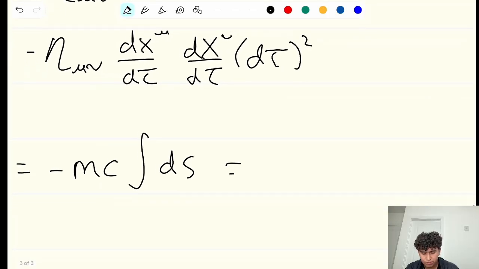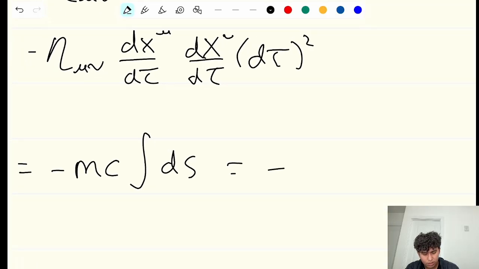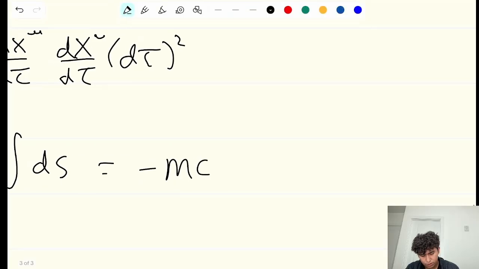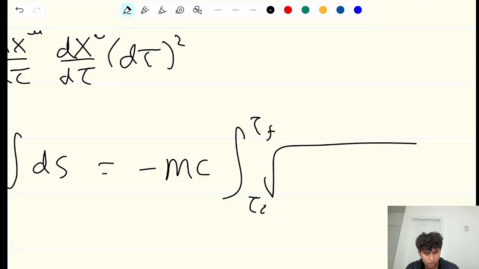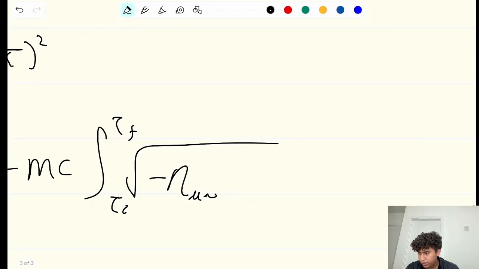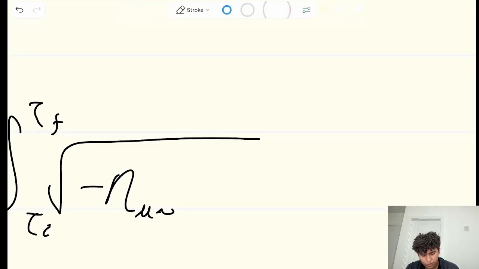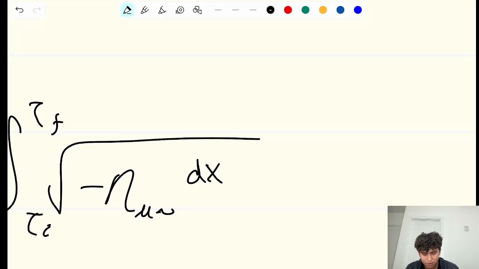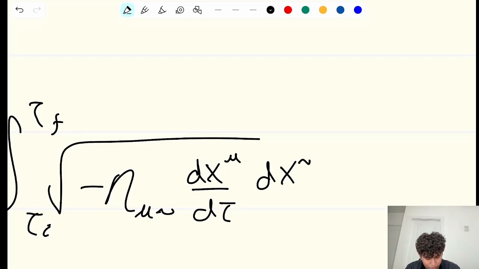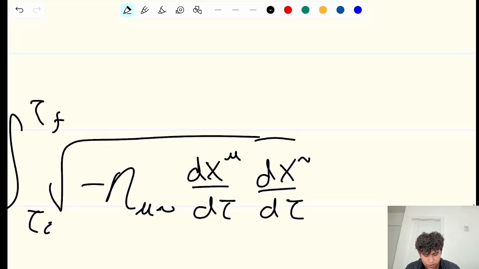And this is going to give us mc times the integral from tau initial to tau final, and then we just replace. If you see those lines, it's just because I'm charging the tablet while I'm recording, which is not the most ideal case. Hopefully it doesn't interfere too much. d tau, and here we're going to have d tau outside.